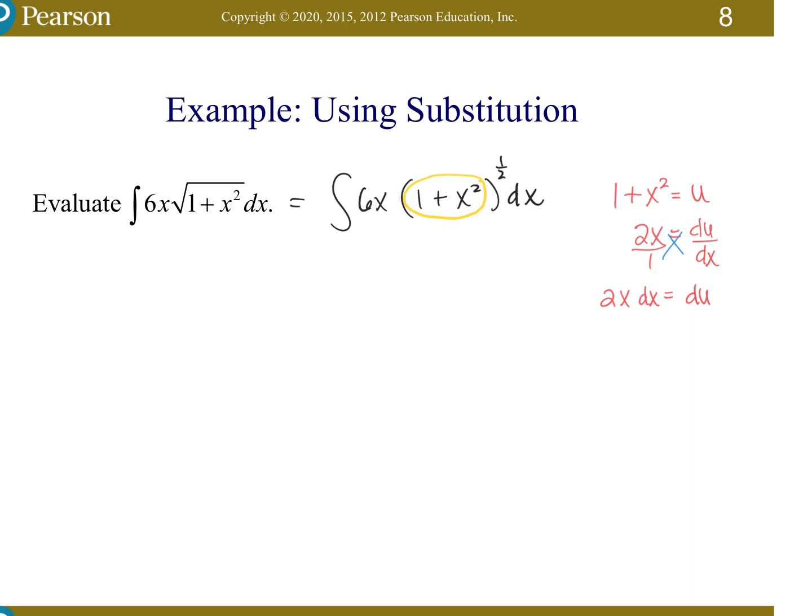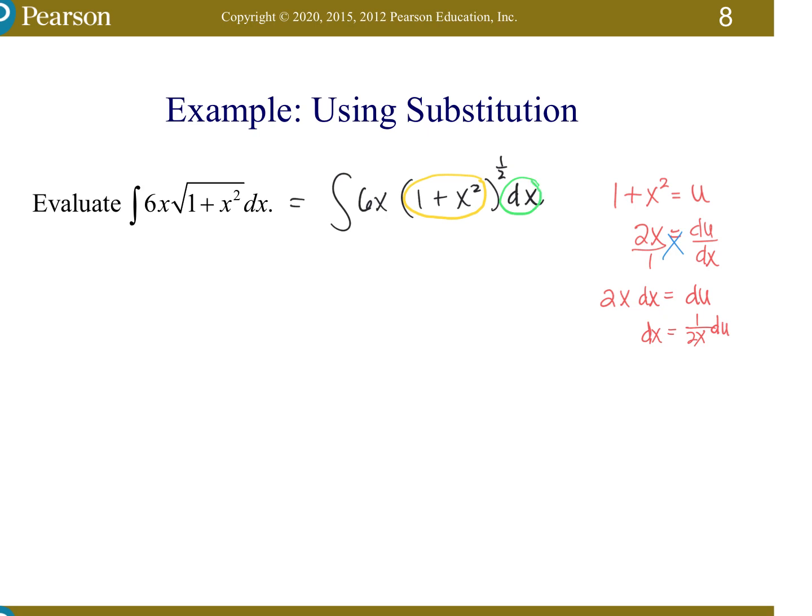I want the dx part to be alone. Either divide by 2x or multiply by 1 over 2x du. All right. Then I'm only replacing the dx.